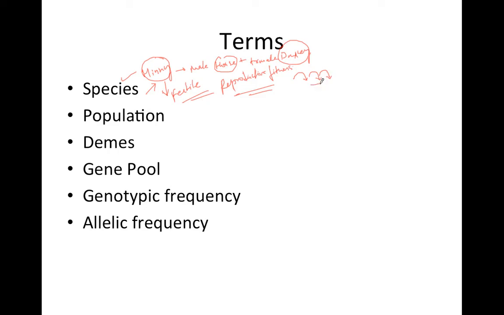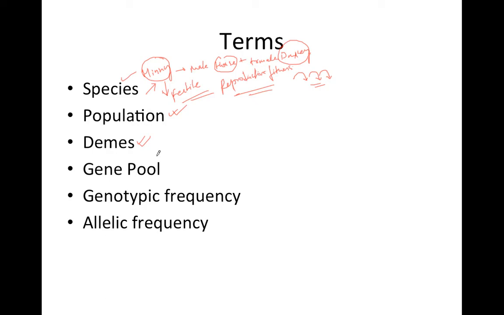So this is called as a species. Now group of these organisms is called as population. There is another subgroup of this population which is called as demes.